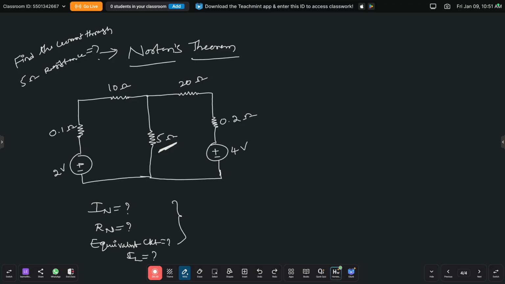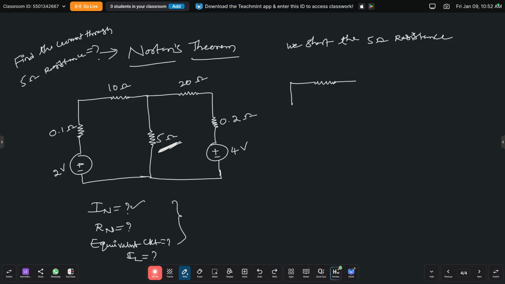See how we can find IN first. The question is to find the current through the 5 ohm resistance, so first we short the 5 ohm resistance. After shorting it, the circuit becomes: this is the 10 ohm resistance, and only this should be short circuited.